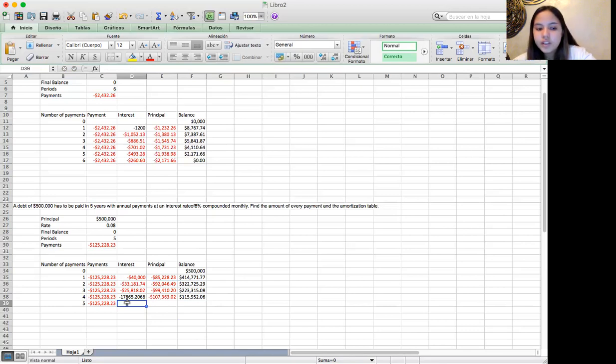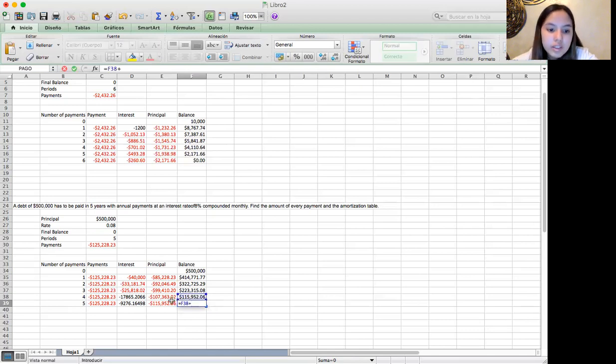Okay, no, yeah, it's okay. Balance times 0.08 minus. I don't know why some numbers are in red and the others are not. But yeah, and there you go. This plus principal needs to be 0.